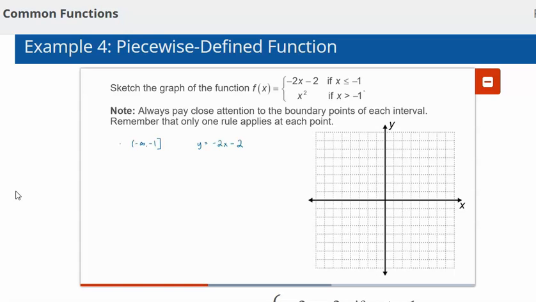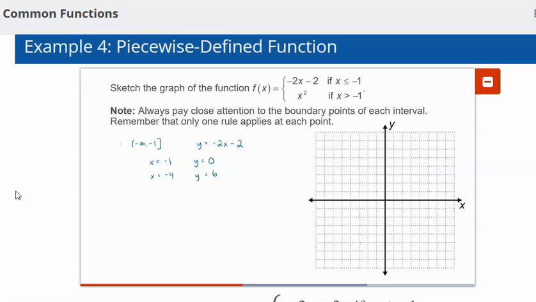To graph this line on the interval negative infinity to negative 1, we find a couple points. So when x equals negative 1, we have that y equals 0. And when x equals negative 4, we have that y equals 6.